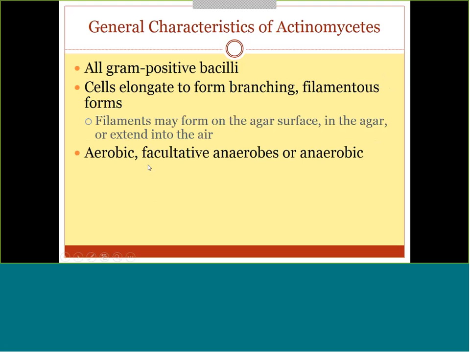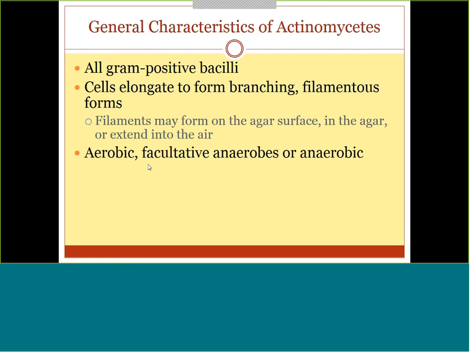Okay, branching gram-positive rods. So this is considered Actinomyces. These are all gram-positive rods. They are what we call branching, so they'll kind of form filaments on the agar. They'll either be along the agar surface or they'll extend up into the air or even dig into the agar. So they kind of have branches up in the air or along the surface.